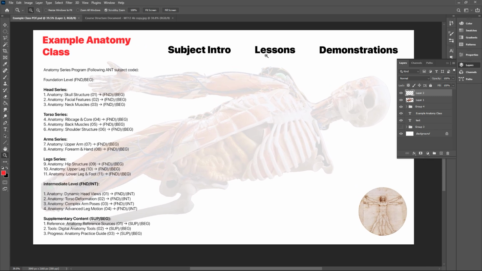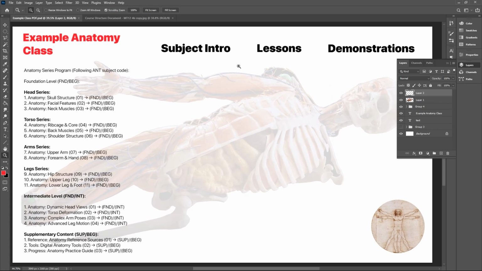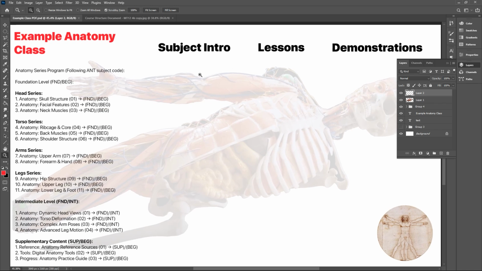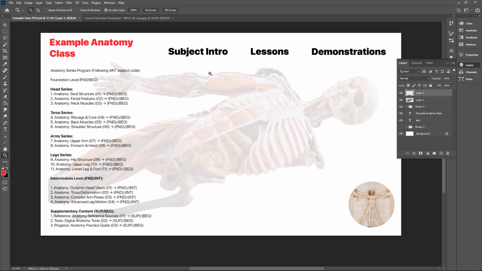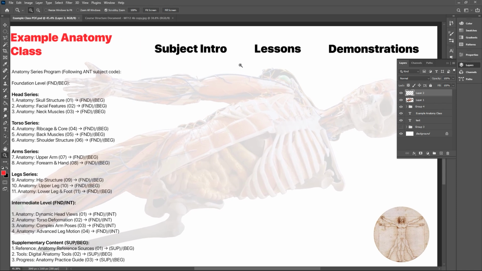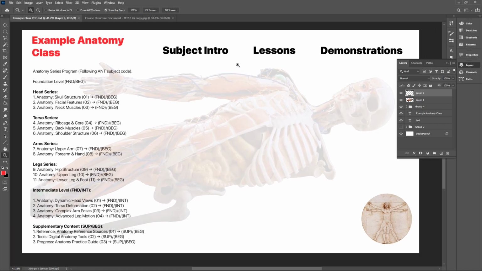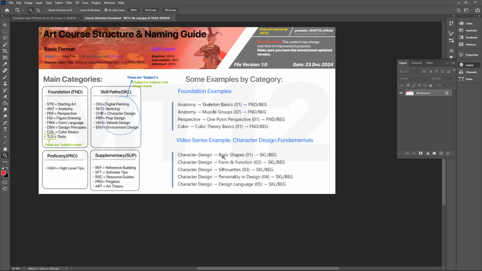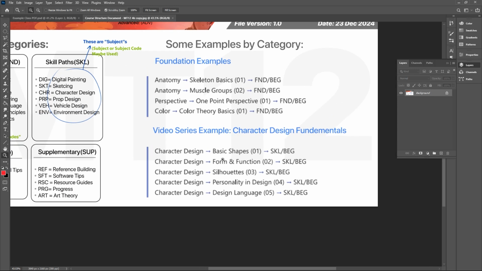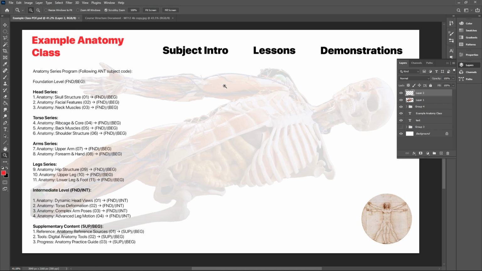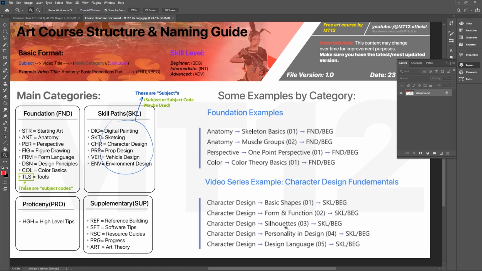In a tutorial, generally there is this idea, right? Where you go to Gumroad, you go to ArtStation, and you see that there is a $30 lesson, but it is something about a subject. For example, it is form and function. It is maybe about a silhouette, and you pay like $10, $5, $20, and it is only about a silhouette.